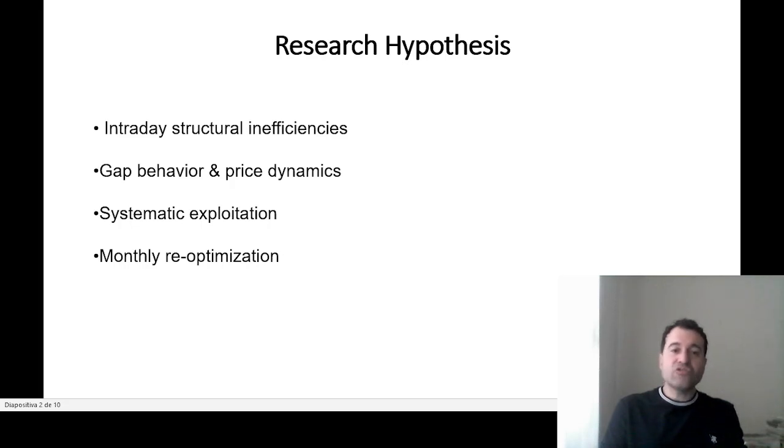Instead of trying to curve fit parameters to maximize returns, I wanted to test this idea systematically, so I built a framework that allows the strategy to be re-optimized monthly and tested on unseen data.